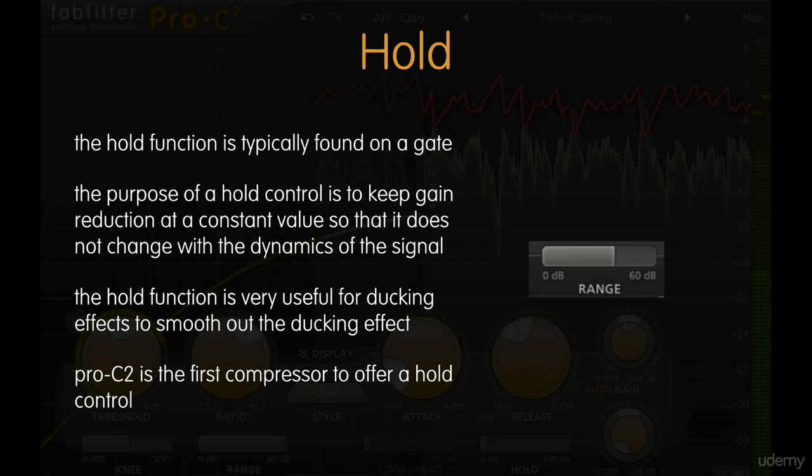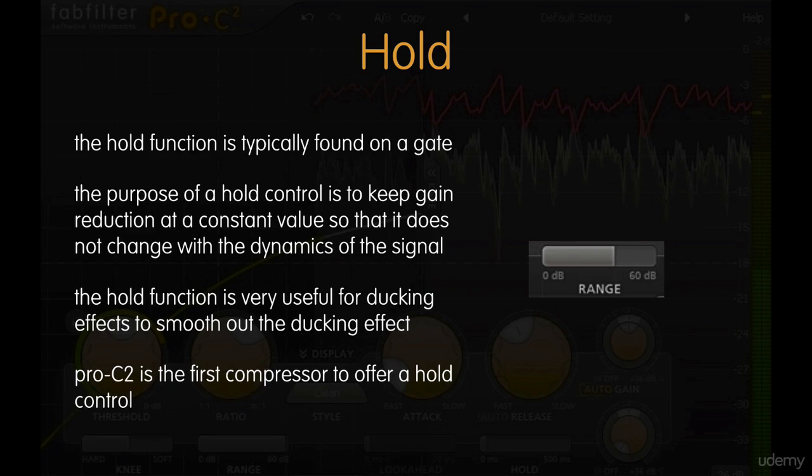And this is very, very useful, again, for sidechain compression, but also for a ducking effect, very typical for radio announcers when they're talking over music, where they want the music to come up and be big. So the music is big when they're not talking, but when they start to talk, the music automatically dips because it's triggered by a sidechain trigger from the voice.